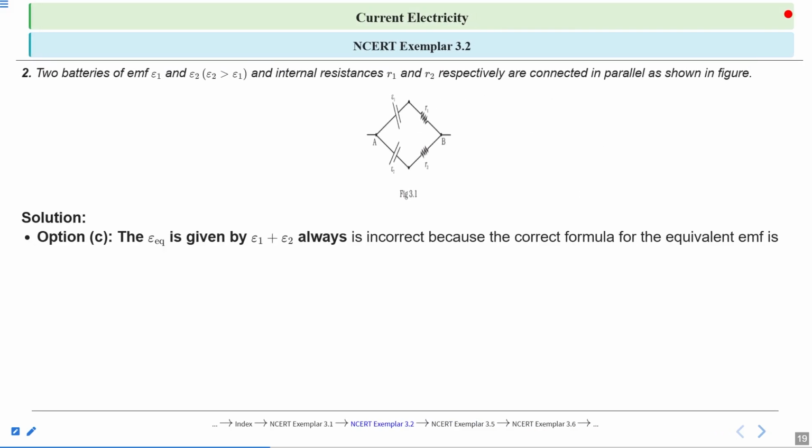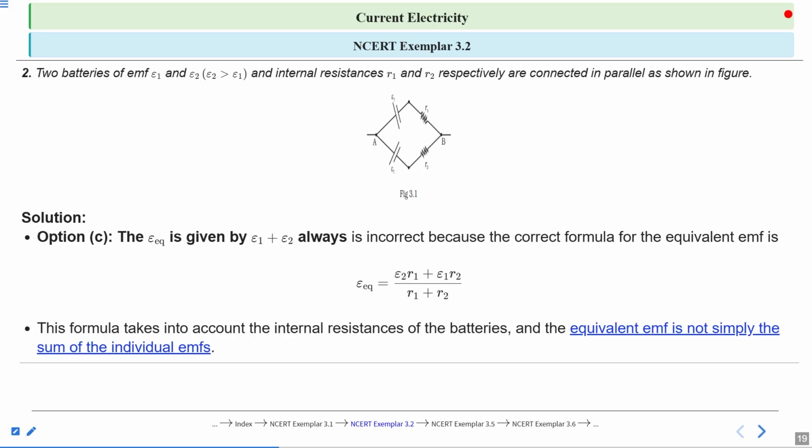Now option C. Option C was that the equivalent EMF is given by epsilon 1 plus epsilon 2 always. This is incorrect, because the correct formula for equivalent EMF for the parallel combination is this. This formula takes into account the internal resistance of the batteries, and equivalent EMF is not simply the sum of individual EMFs.